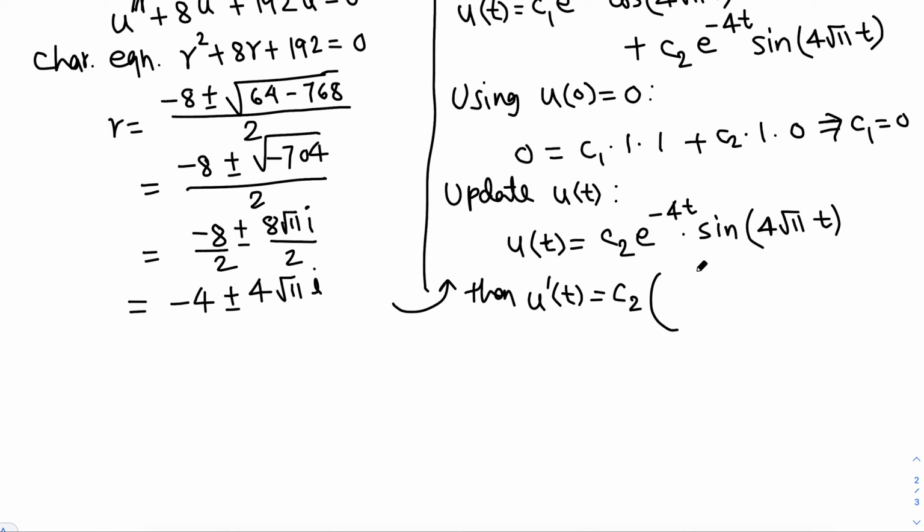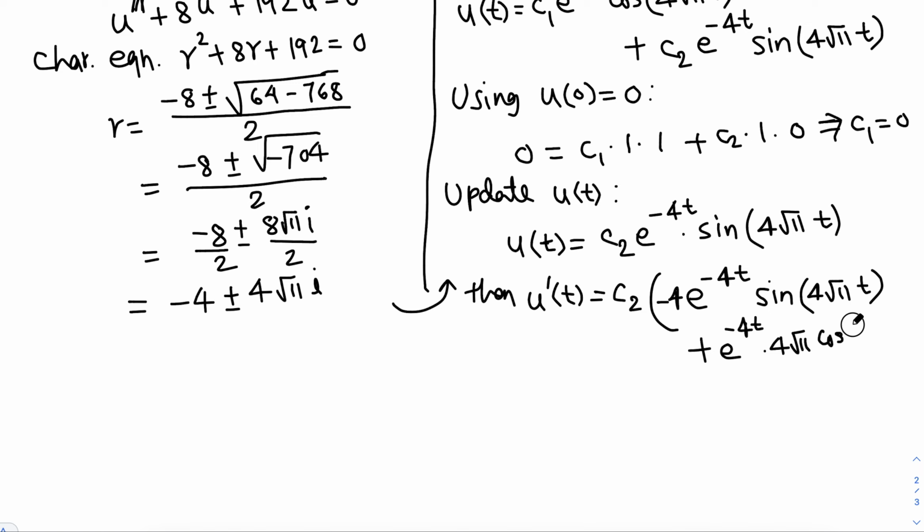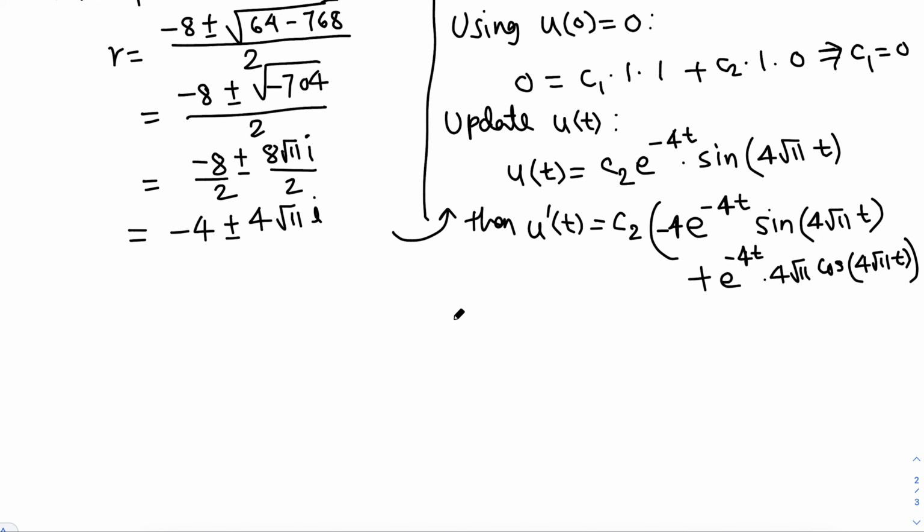Derivative of the first factor, the exponential function itself, times the derivative of the exponent, which is negative 4, leave the second alone, plus leave the first alone, derivative of the second factor. Derivative of sine is cosine times 4 root 11, so 4 root 11 cosine of 4 root 11 t. Okay, that's u prime.